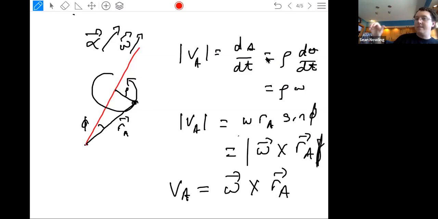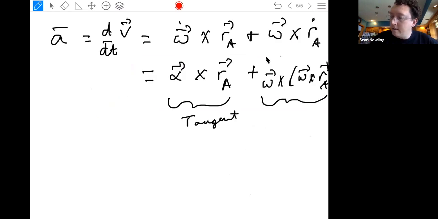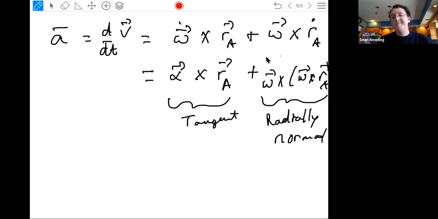If I'm looking at the diagram here, I have omega, and I curl my fingers in the direction of the velocity vector, and that's going to point towards the center of the circle. So in fact, the second term points radially, or the book likes to call this the normal direction.